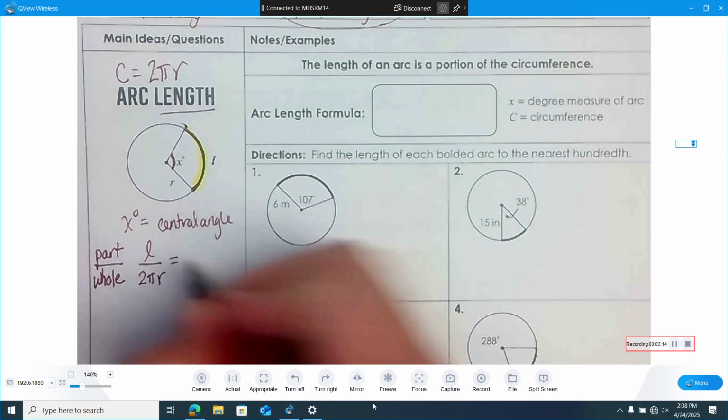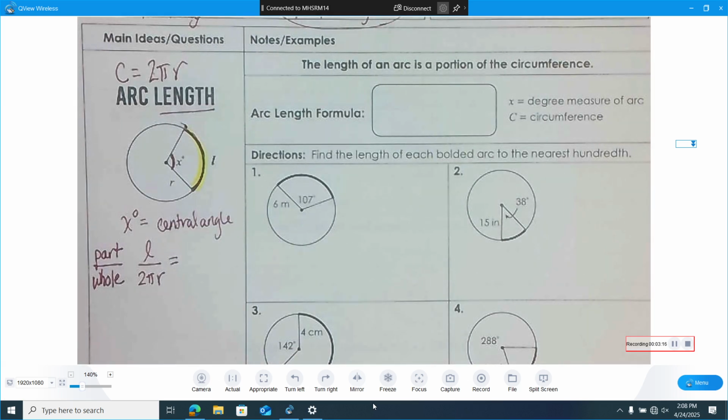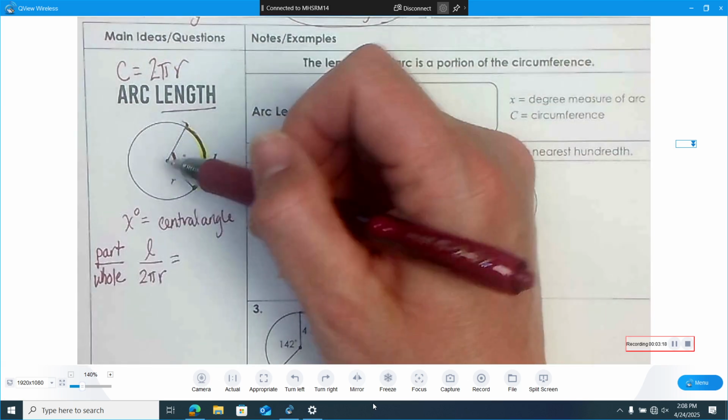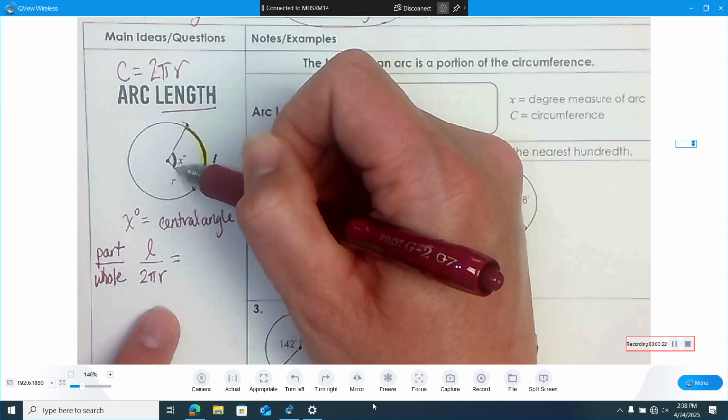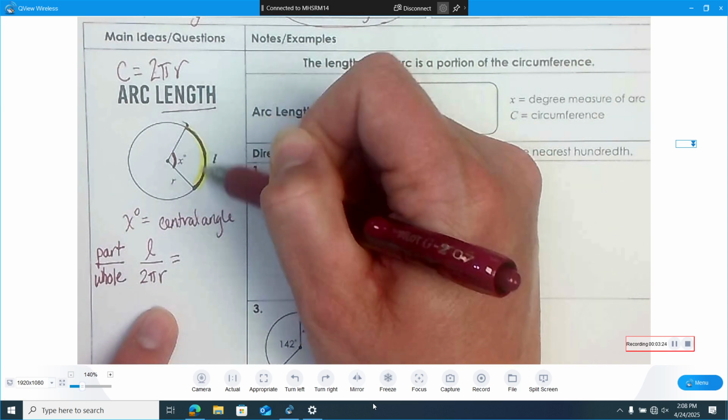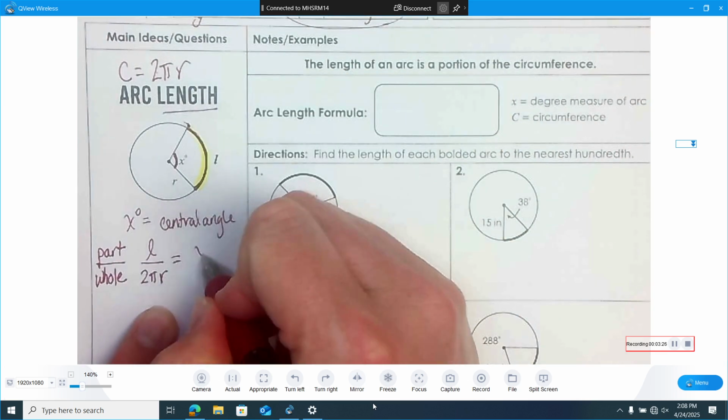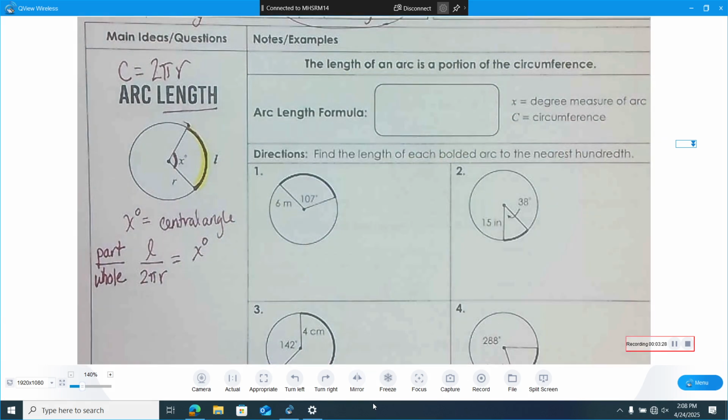Now, we got to create an equation here. So the other bit of information that we have is this central angle. So this central angle that intercepts our arc here, we know that it's so many x degrees. Maybe it's 70 degrees or maybe it's 100 degrees. So that's a part of the total degrees in a circle.